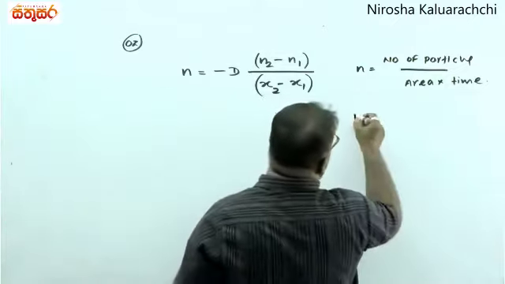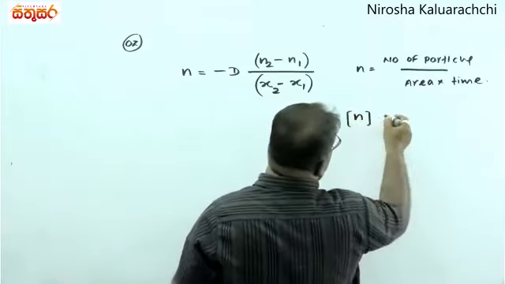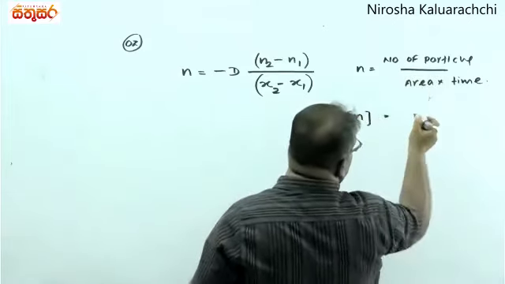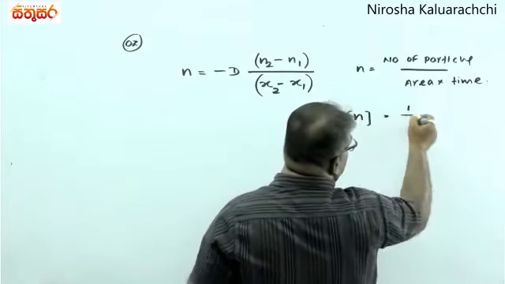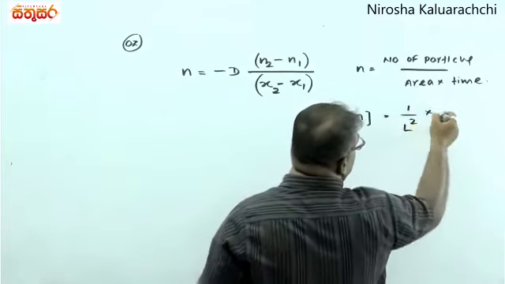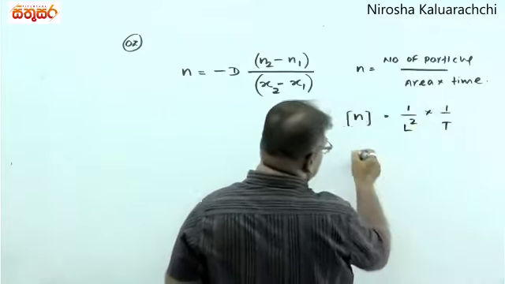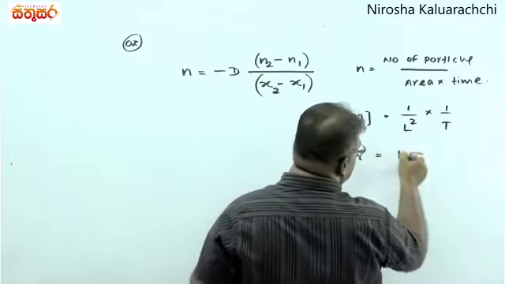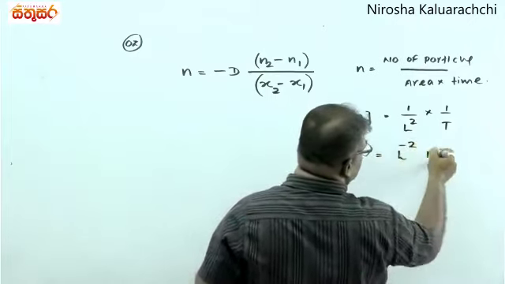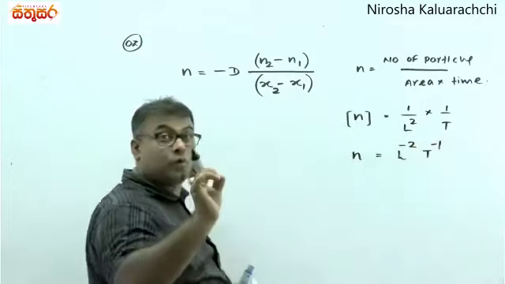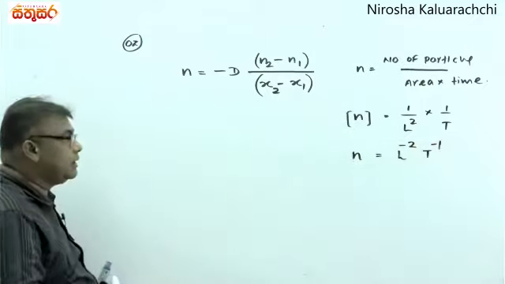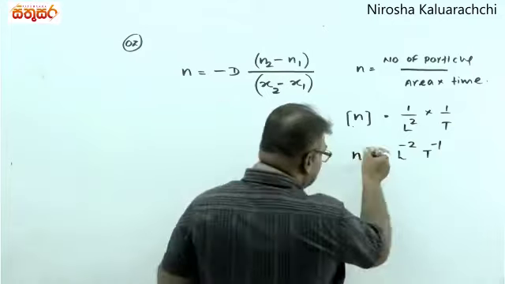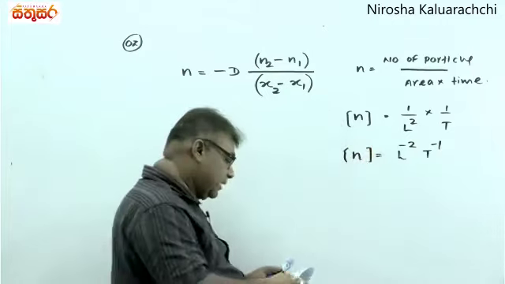Then n consists of the dimensions: number of particles has no dimension, area 1 over L squared, 1 over T. Then the dimension of n becomes L^-2 T^-1. First of all, we have to identify the dimension of the given quantity n as well.